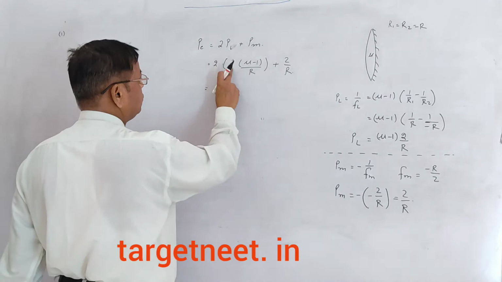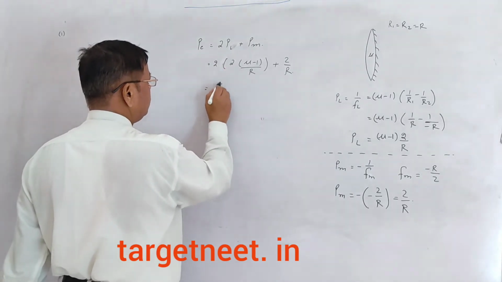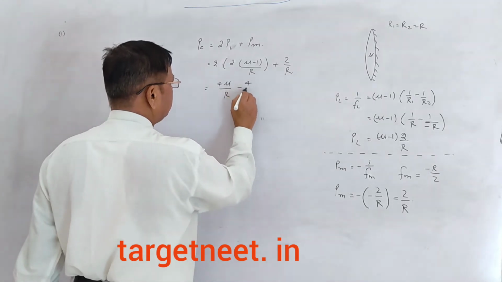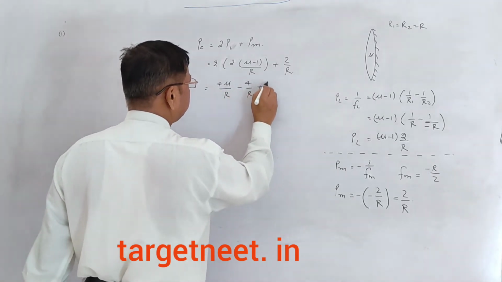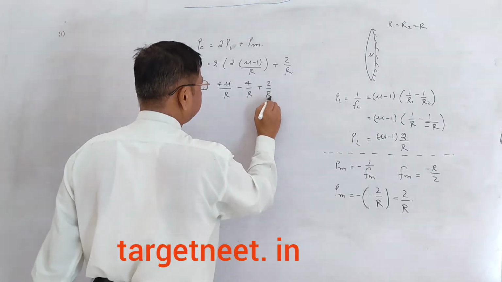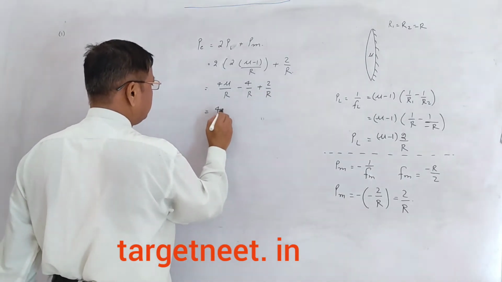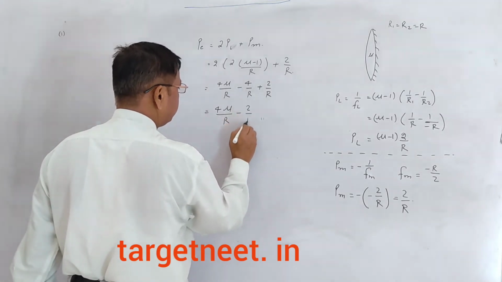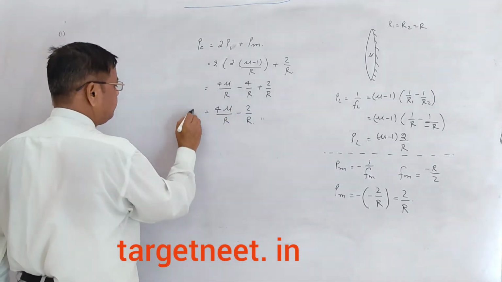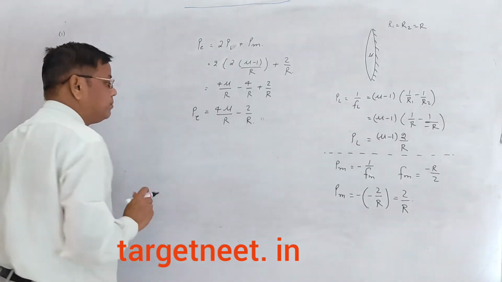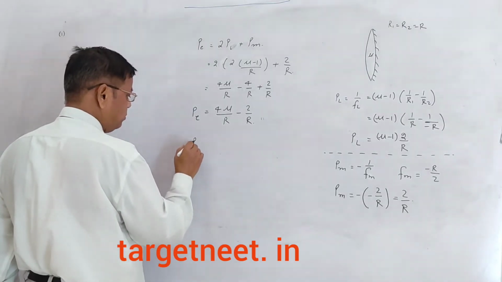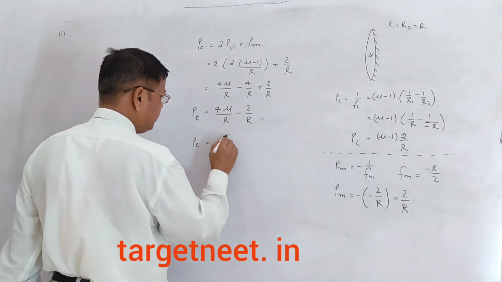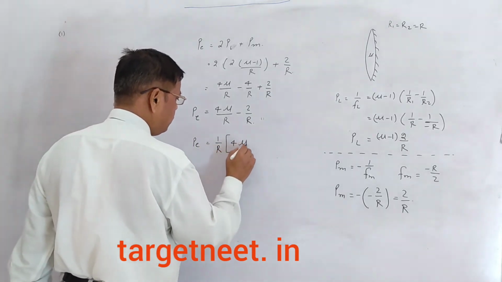So this 2 times 2 is 4, so it is 4 mu by r minus 4 by r plus 2 by r. So it is 4 mu by r minus 2 by r. So this is effective power. You can write it like this also. PE is equal to 1 by R, then 4 mu minus 2.